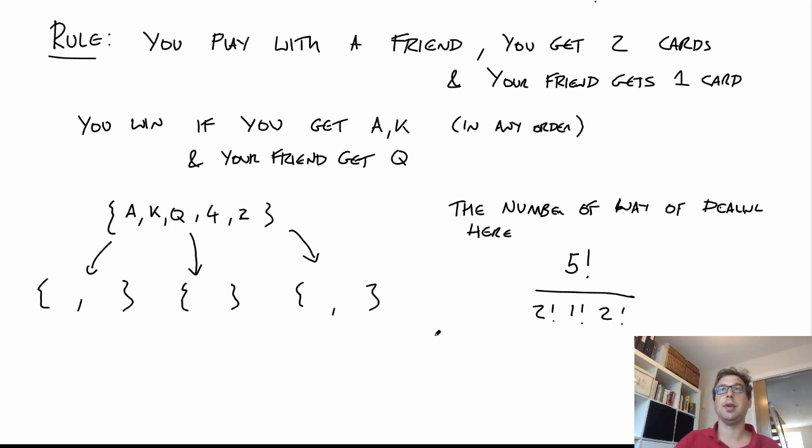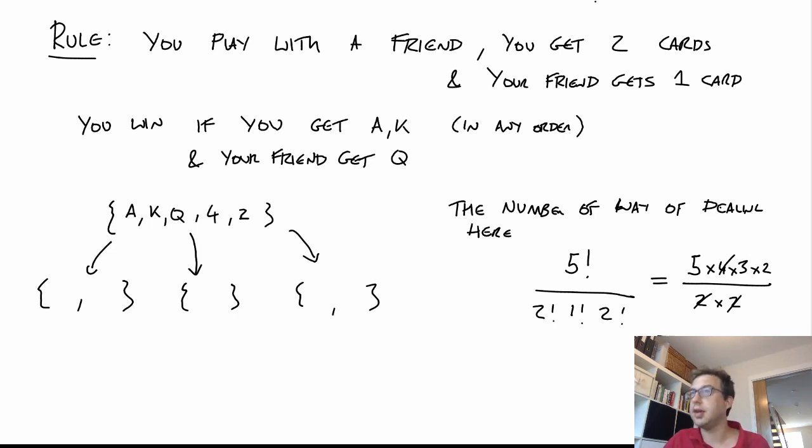This is equal to 5 factorial, which is 5 times 4 times 3 times 2, divided by 2 times 2, which knocks out that 4. So here we get 5 times 3, 30, I think.